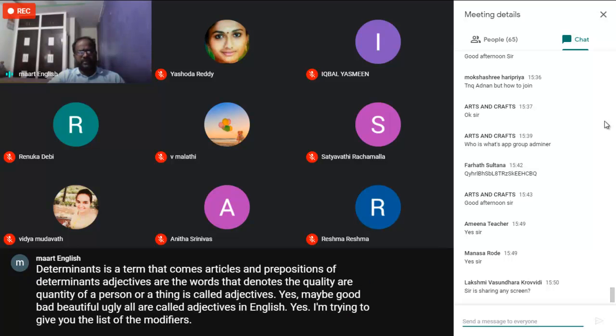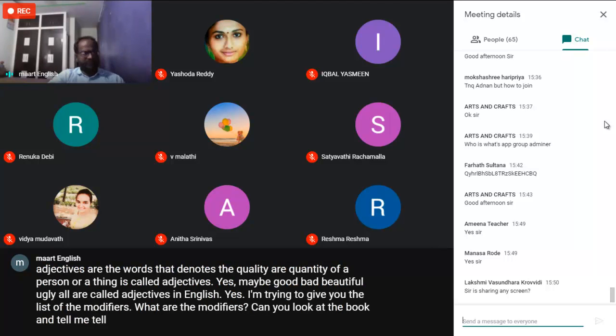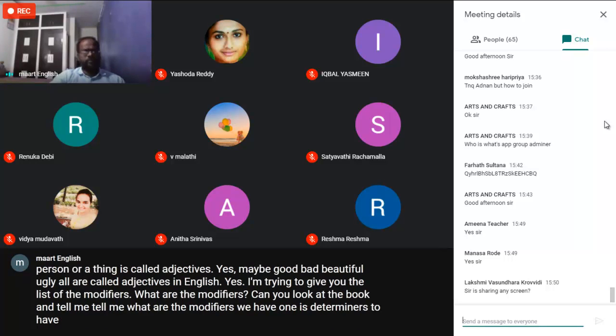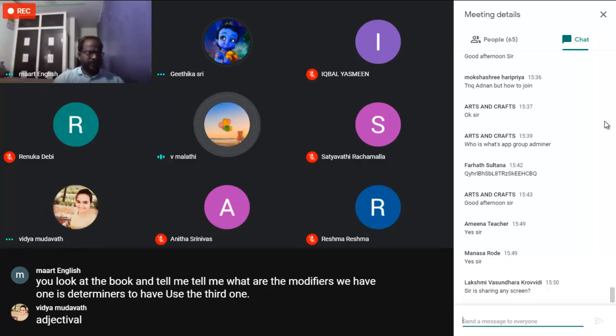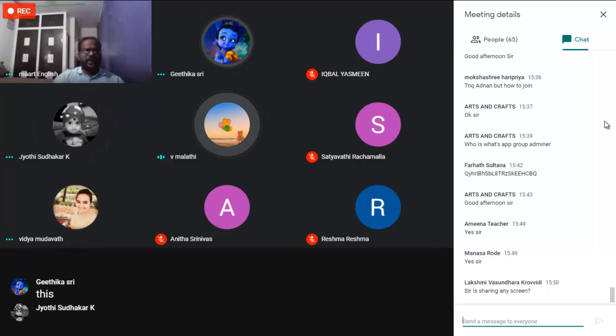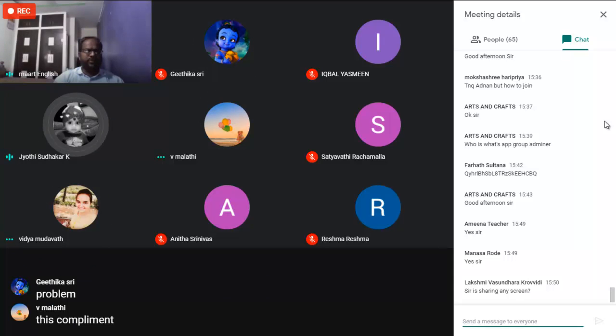Look at the book and tell me what modifiers we have. One is determiners, two is adjectives. The third one, adjectival phrases: excessive food, hot water, extremely large, made of wood.